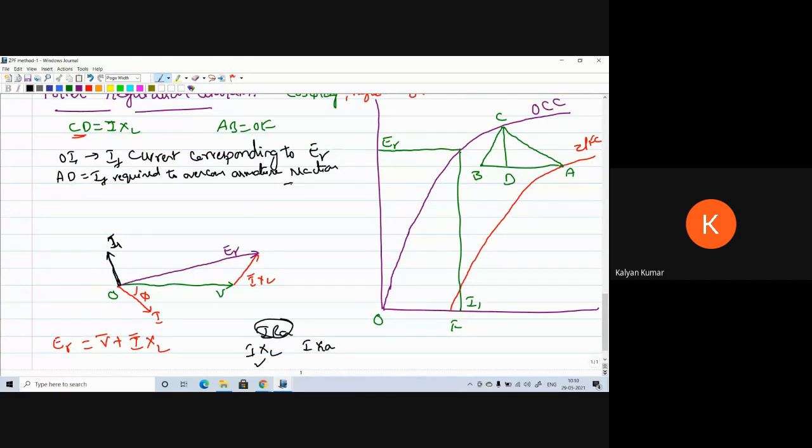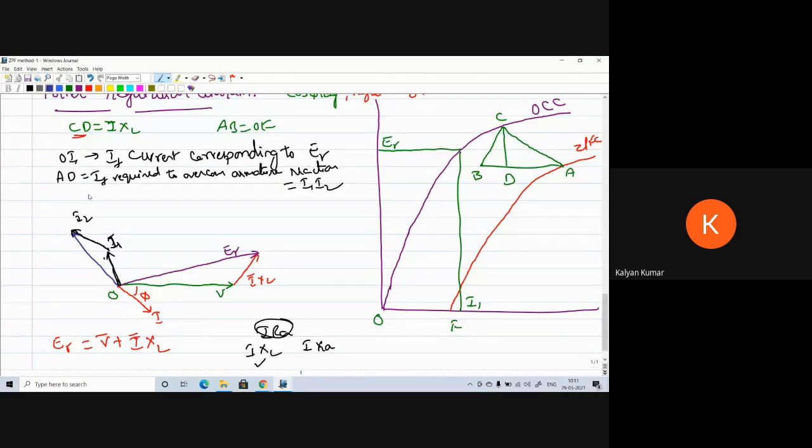So this value we are taking as I1, I2. That I1, I2 should be added to OI1. So to this OI1 we have to add I1, I2 parallel with I. So parallel to I we need to add I1, I2. Then the resultant is given by OI2.